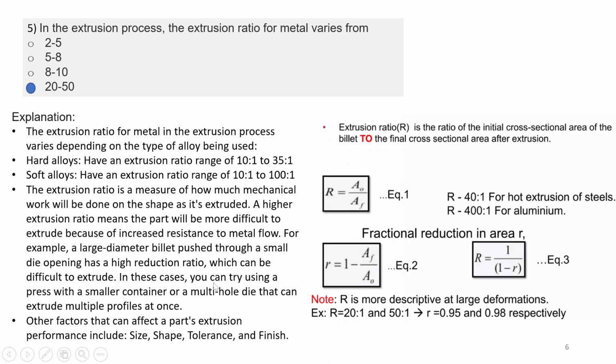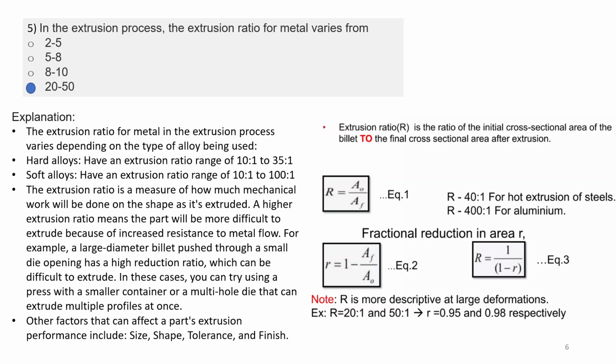In these cases, you can try using a press with a smaller container or a multi-hole die that can extrude multiple profiles at once. Other factors that can affect a part's extrusion performance include size, shape, tolerance, and the finish that is required for the final product.